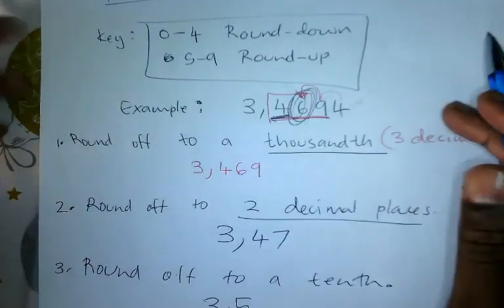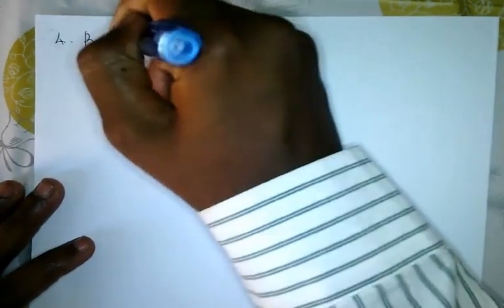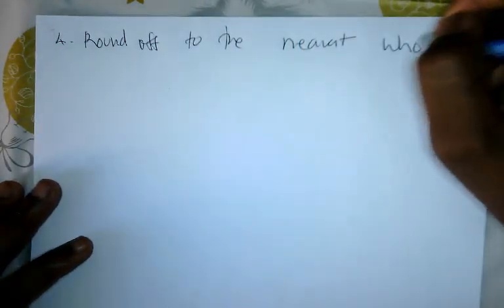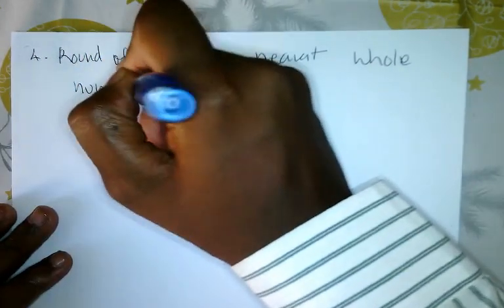Number 4. Round off to the nearest whole number. To the nearest whole number. They give us the answer as 3,469.